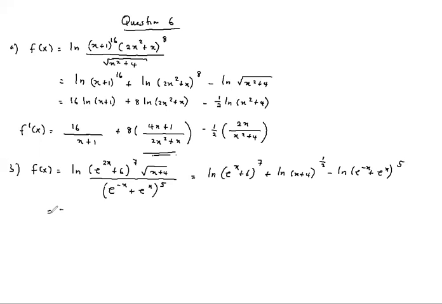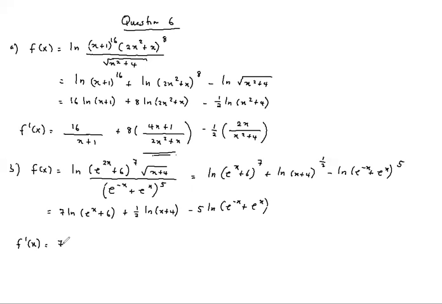You now drop the power. So you have 7 ln (e to the x plus 6) plus half ln (x plus 4) minus 5 ln (e to the negative x plus e to the x). Then you can now differentiate because it has become very easy to differentiate.